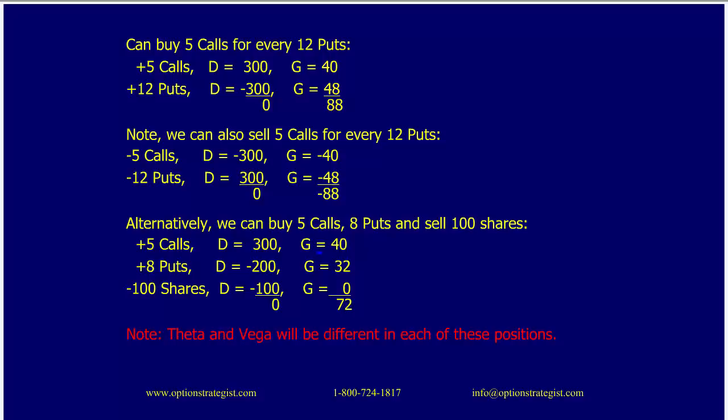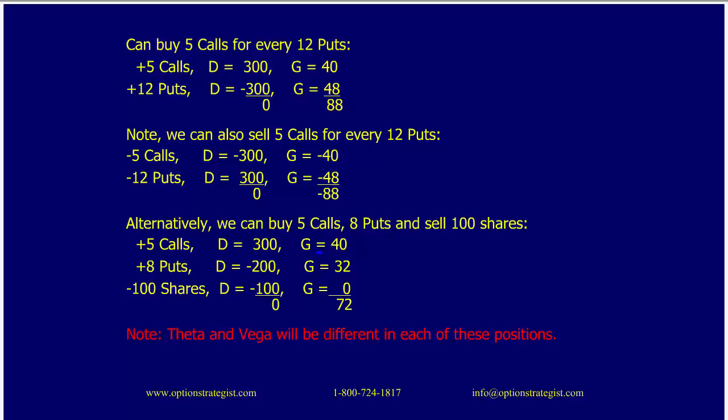In this case, I'm going to buy 5 calls and 8 puts. I'll get 300 deltas from the calls. I'll be short 200 deltas from the puts. And so if I short or sell, depending on what my position is, but if I sell 100 shares of stock, again, I'll have a delta neutral position.